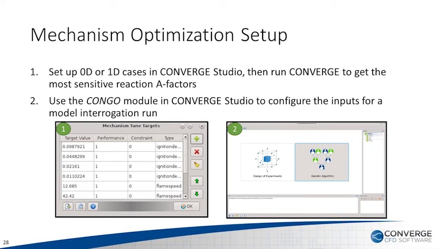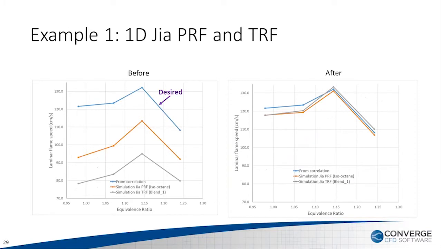Now you can close the Studio, get the input files, and run CONVERGE with sensitivity analysis, and CONVERGE will output all the sensitivity A factors for you. The second step is you have to open the GUI, or CONVERGE Studio, again to import the output files from the previous run and set up Congo. Then you can save all the output files and input files for Congo and run Congo for the optimization.